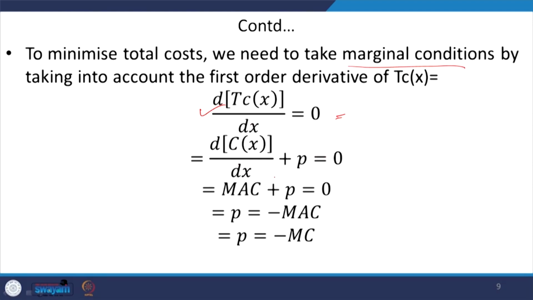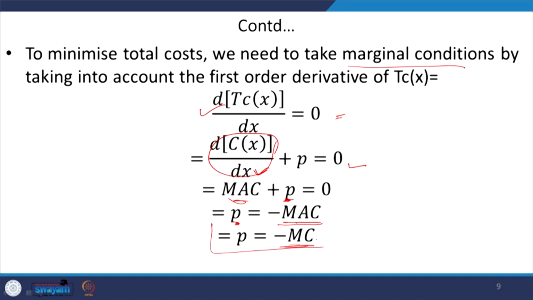So, we are finding this result. Here the derivative of the total cost with respect to the treatment of the pollution, or with respect to pollution itself, is known as the marginal abatement cost, or the marginal cost incurred by the firm itself, and this equals P. By solving it, you can find that P is the minus of the marginal abatement cost, and this marginal abatement cost is also taken as the marginal cost.